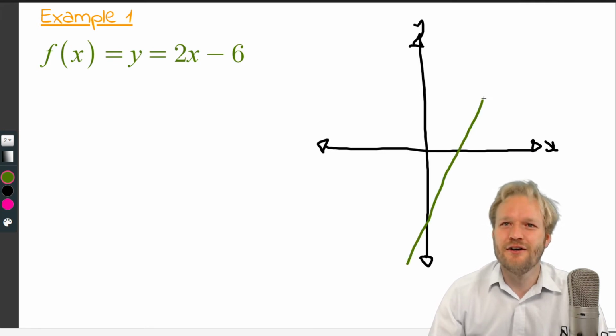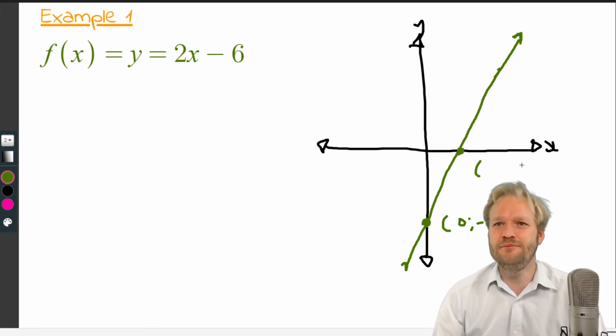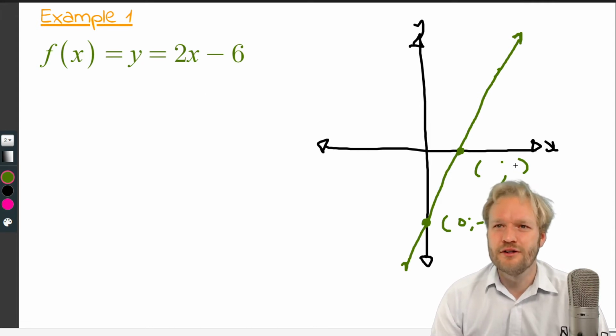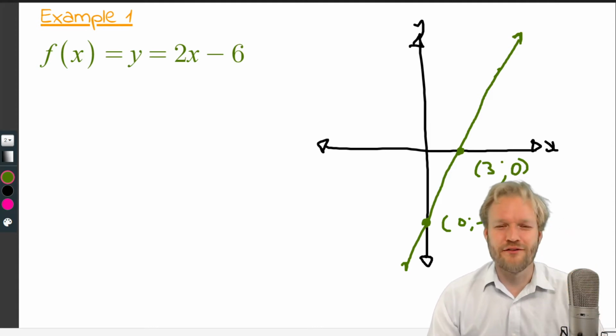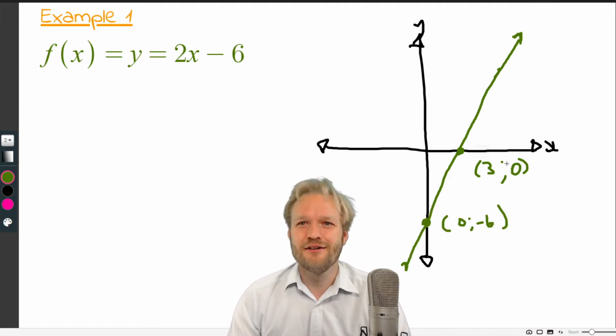We know this point here is 0, minus 6, and you can work out that point there. Well, with a gradient of 2, if we've gone up by 6, we must have gone across by 3. But we did that whole previous video on sketching lines, so I'll leave you to do that.